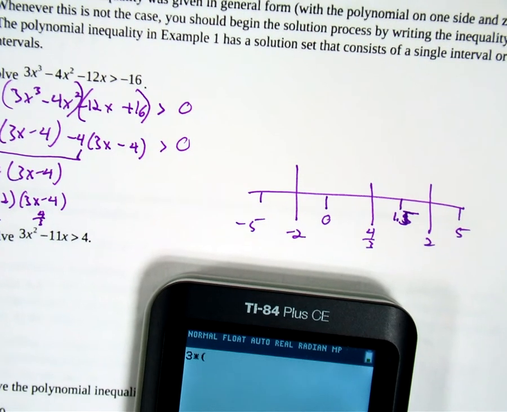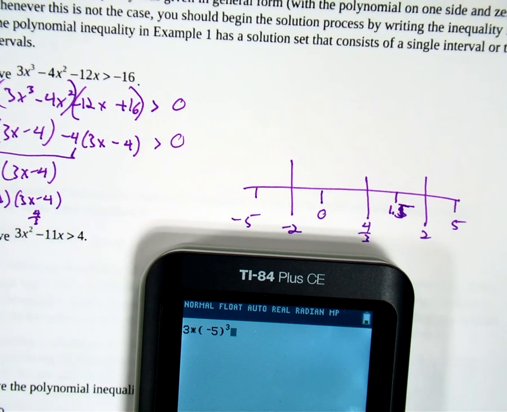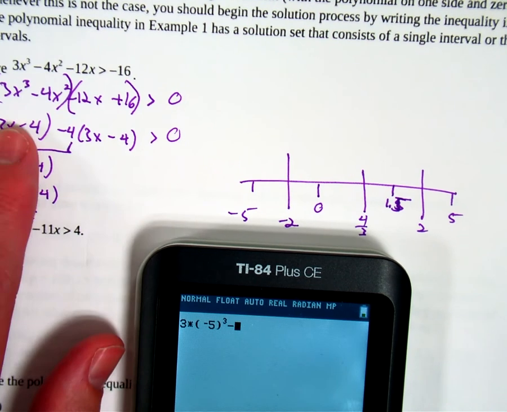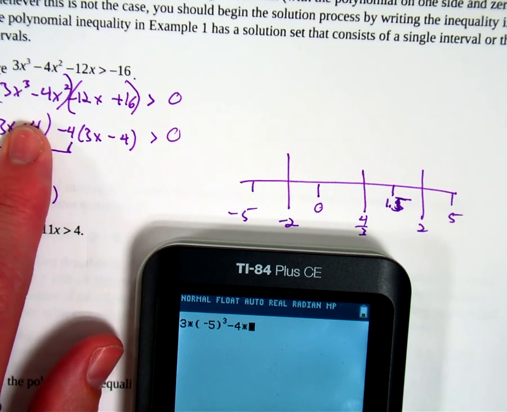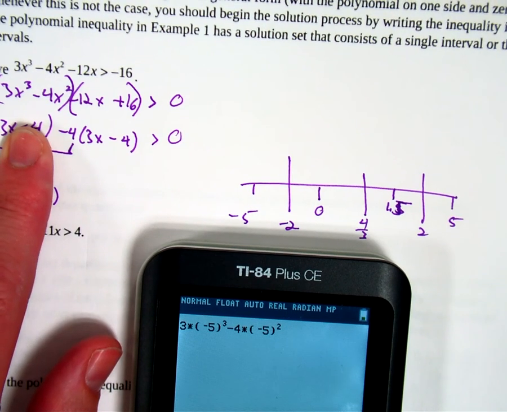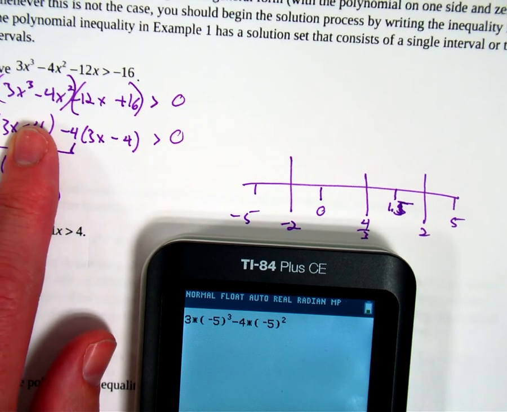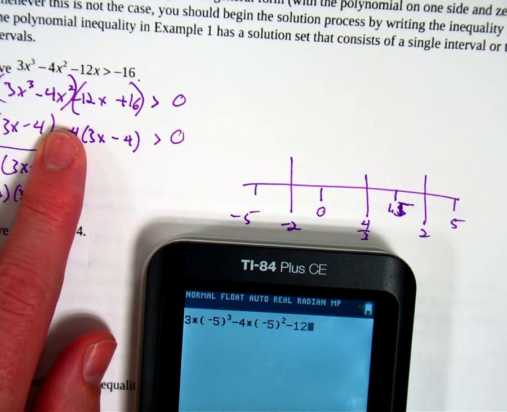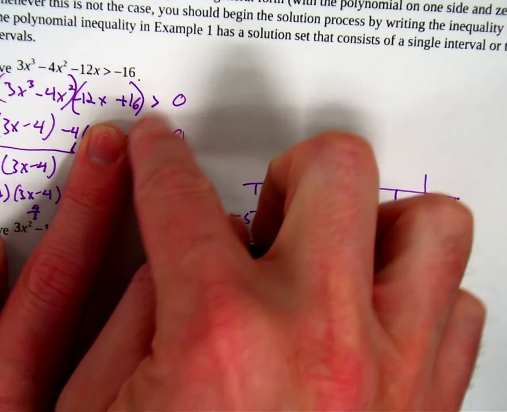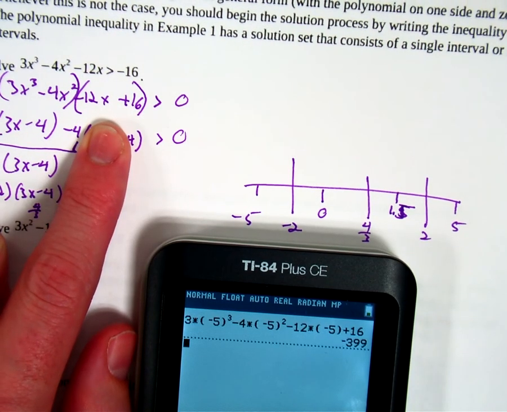3 times, parentheses, negative 5 to the third, minus 4 times, parentheses, negative 5 squared. When you're testing a negative, it's going to be super important to use those parentheses, especially when you have even powers. Minus 12 times, parentheses, negative 5. Okay, don't forget now this is actually a plus 16. Is that greater than 0?